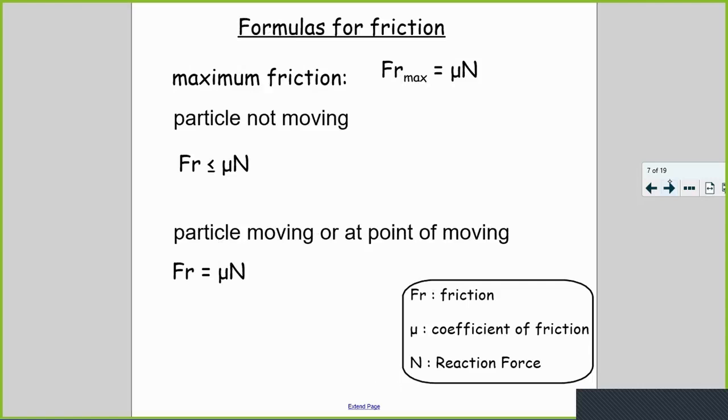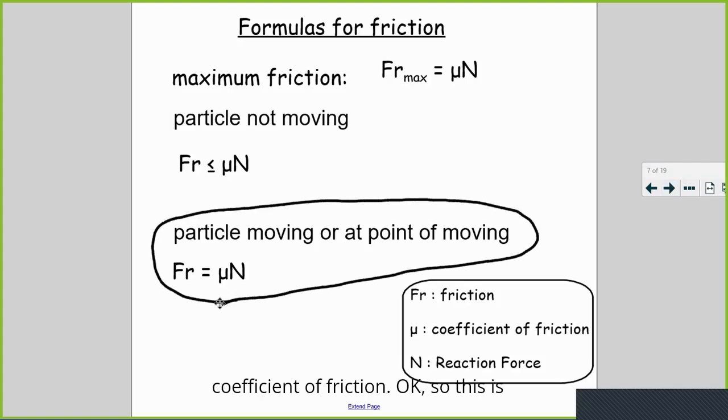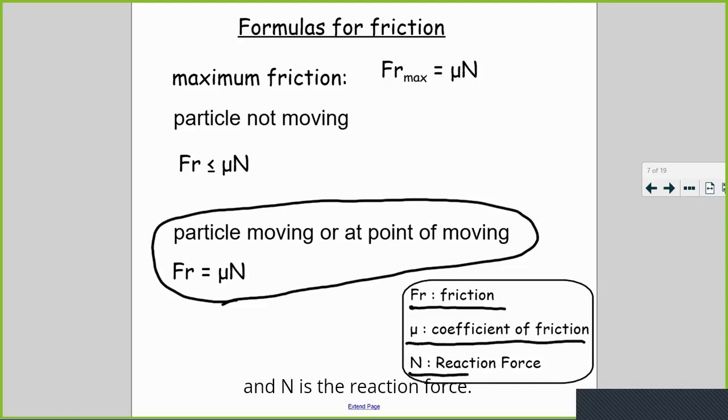Now, we use a formula which involves the coefficient of friction. So this is the formula: friction equals mu times n. Fr is friction, mu is the coefficient of friction, and n is the reaction force.